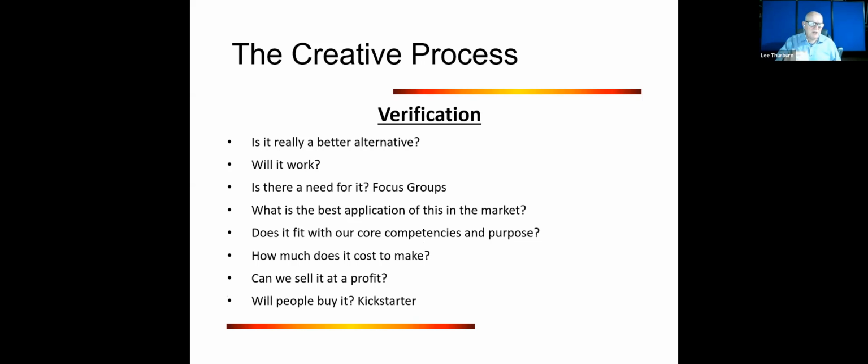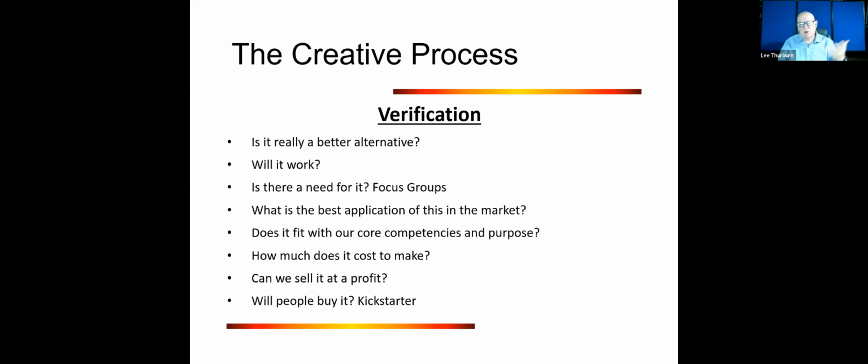There's all kinds of ways you can do that kind of stuff. But you have to go out and just make sure that the solution that you've come up with, after you've collected and analyzed all this data and gone through the incubation process, does this really work? Is it really going to solve the problem? And are the customers really going to want it? Can we make it? Can we sell it for a profit?